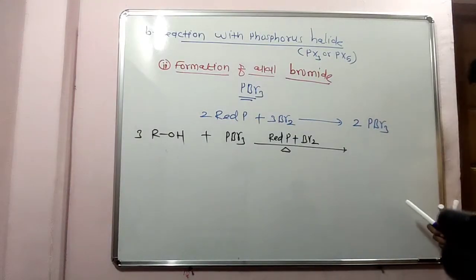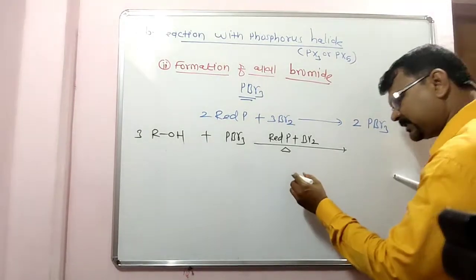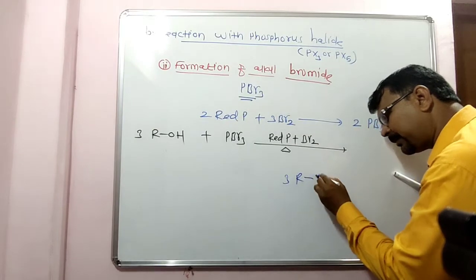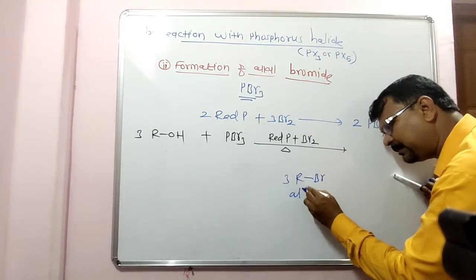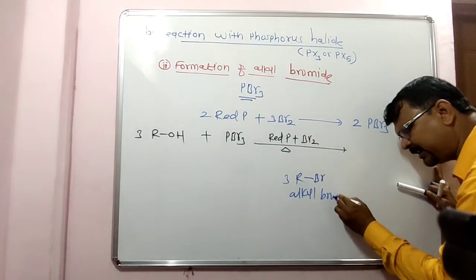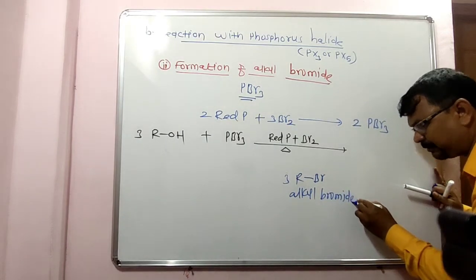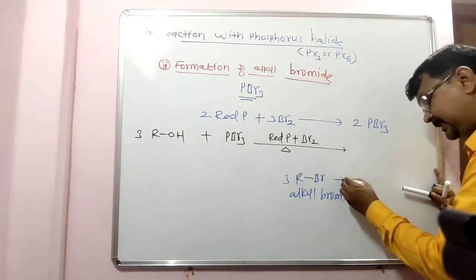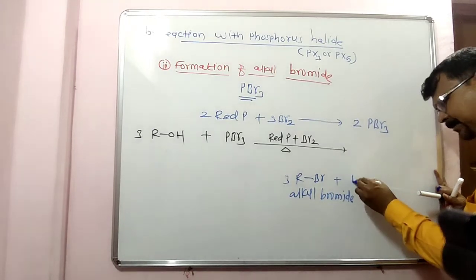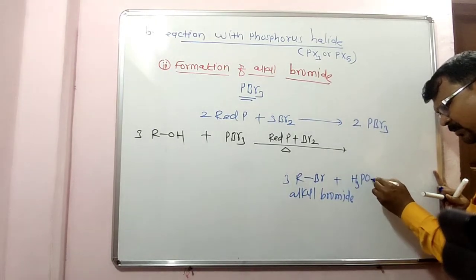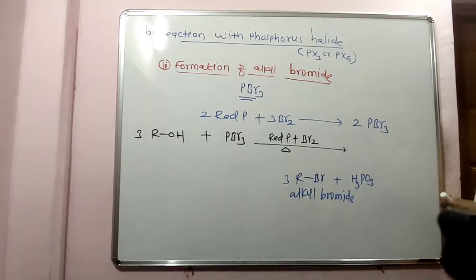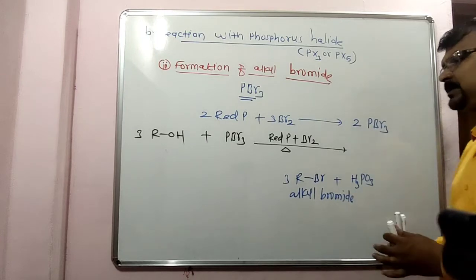Product, simply, thrice RBr. Name of the compound: alkyl bromide, plus H3PO3, phosphorous acid.